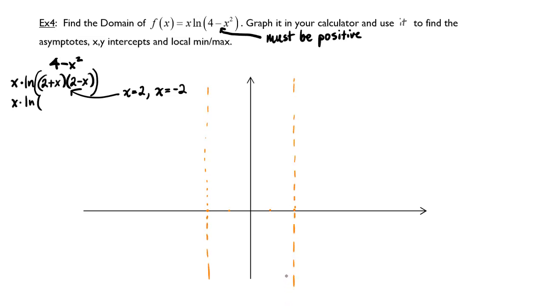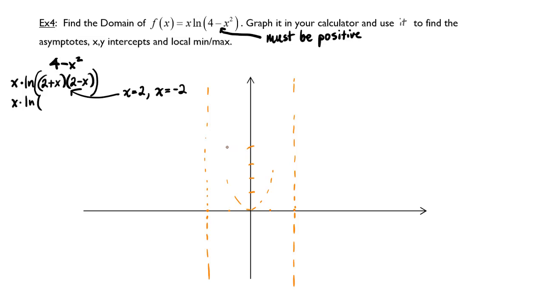Now if I were to graph 4 minus x squared, I would know that it is a parabola opening downward that's been shifted up 4 units. So before, a normal parabola would be opening something like this. This parabola is opening downward and it's been shifted up 4.